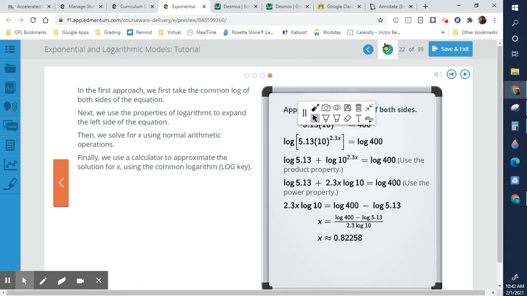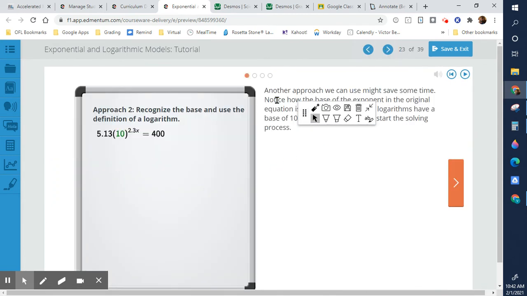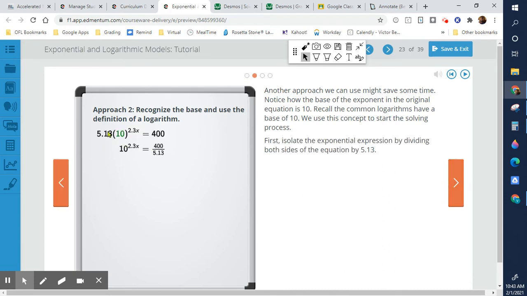Let's see approach 2. I have a feeling approach 2 is significantly better. So they're saying like, hey, notice how this is the base 10. This is the base of an exponent. Well, let's divide it out. Okay, cool. So this is the way I like doing it.